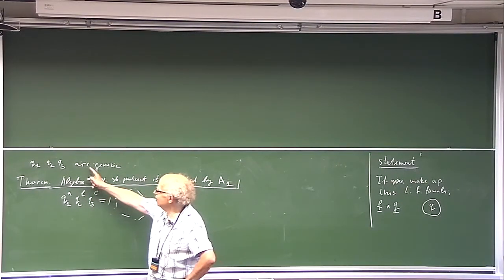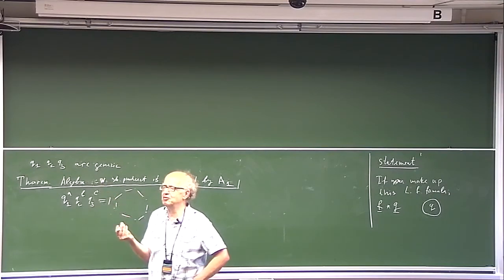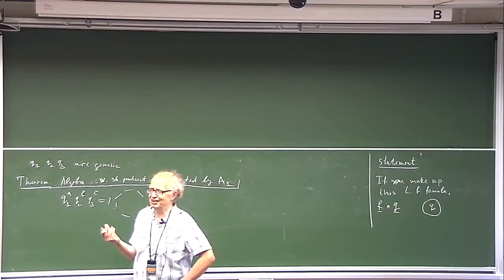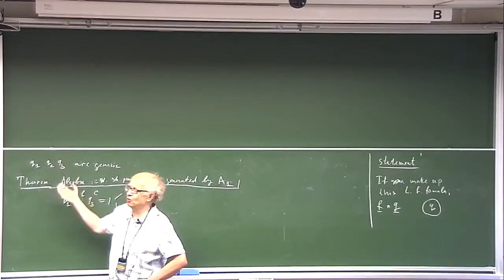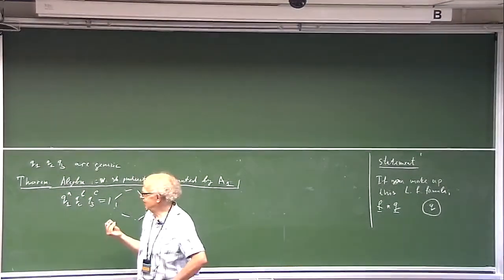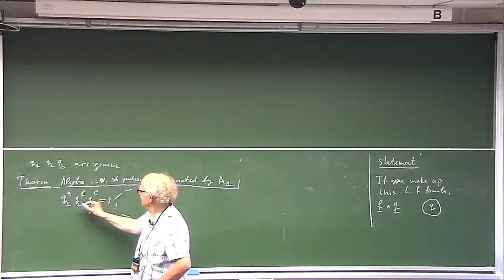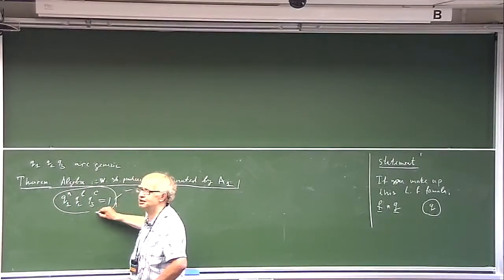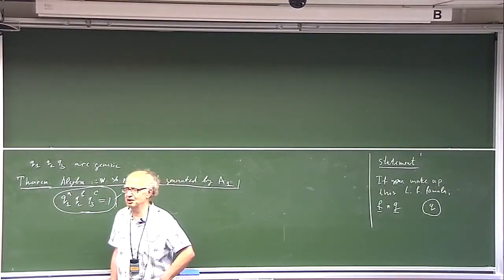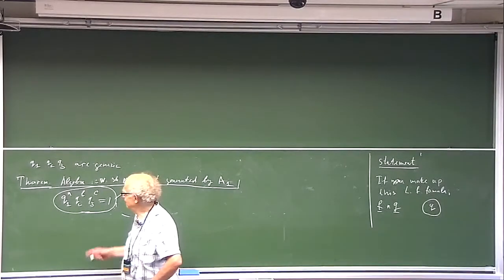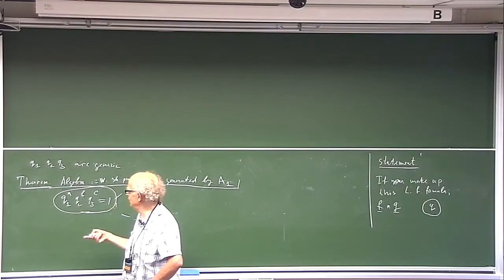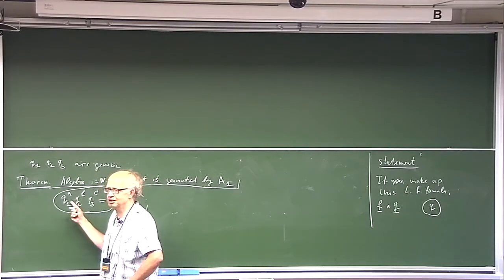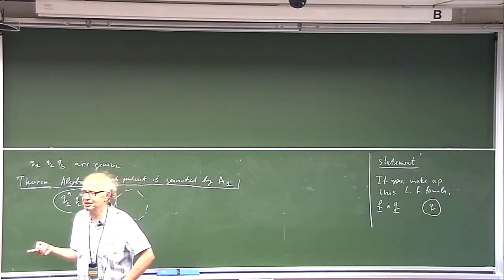First of all, generic means that you make a calculation over the field of rational functions in Q1, Q2, Q3. This theorem is false in this case because of the resonance condition. But suppose you take Q1, Q2, Q3 which do not satisfy any condition like this, so no resonance relation.